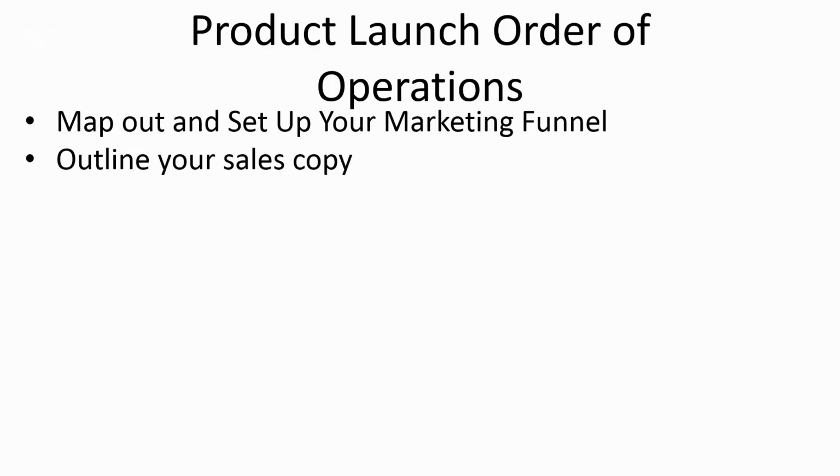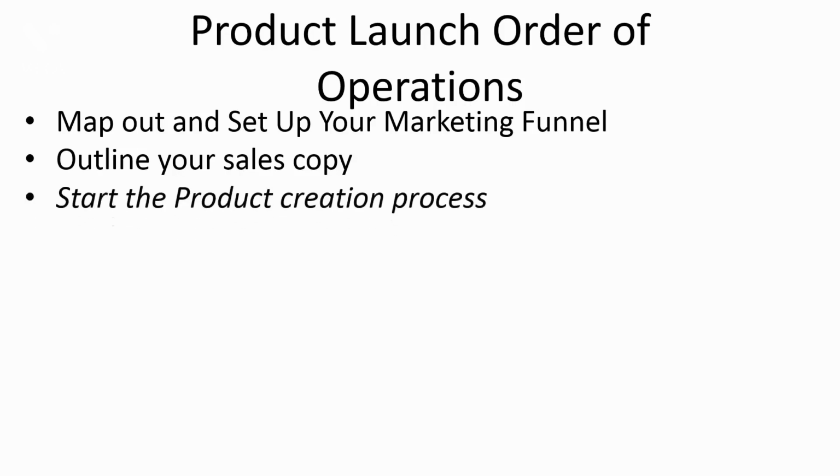This again will help you to determine what you put in your product. What you don't want to do is to create the entire product first, obviously, and then go to the marketplace with it. You want to go to the marketplace, determine what you know is going to sell, and then go and create your product. And once you've done that, you can then start the product creation process, right?